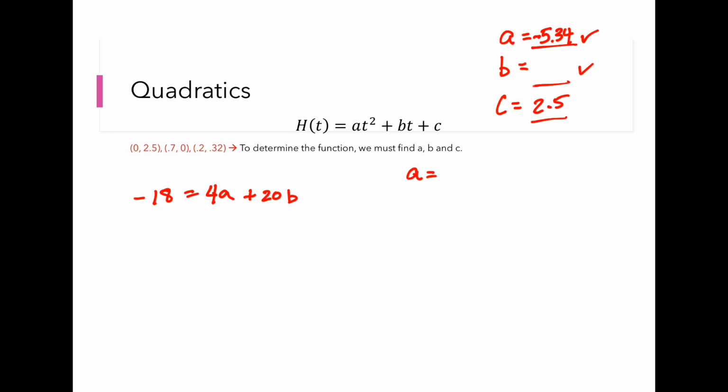So if I plug in the value of a I just found, I have negative 18, 4 times negative 5.34 plus 20b, and I can now find b. Notice I didn't go back to my original quadratic, because at this point I'm just trying to find a and b.